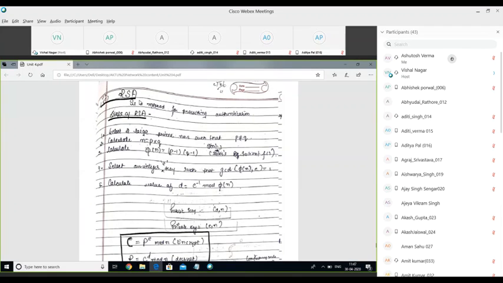Let's say we are taking 17 and 23. If you multiply these two numbers, the product is used as a key, and the same components 17 and 23 are used for the public key also.